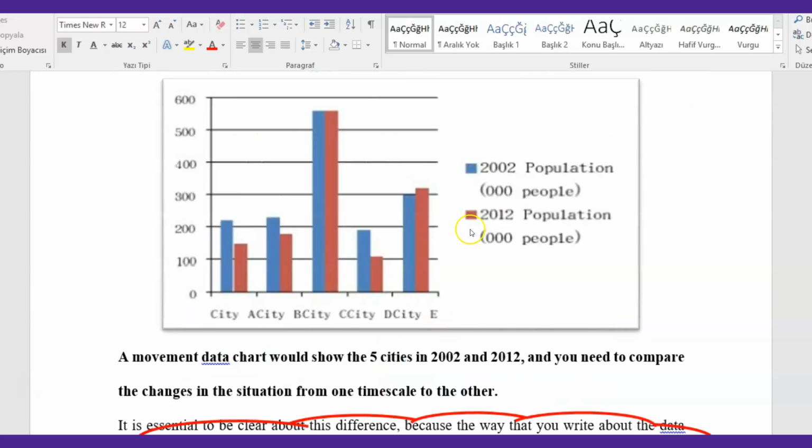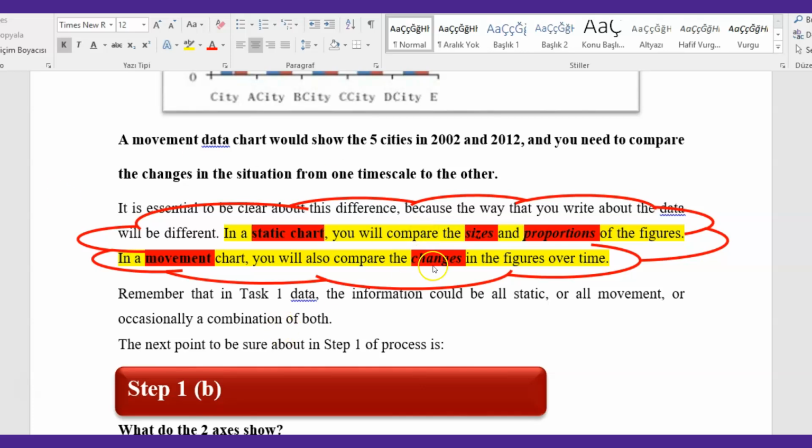But in a movement chart, we are going to talk about changes, what happened between the years, okay? Between years, there are changes actually, okay? What happened between the blue and red, right? This is their actual difference.